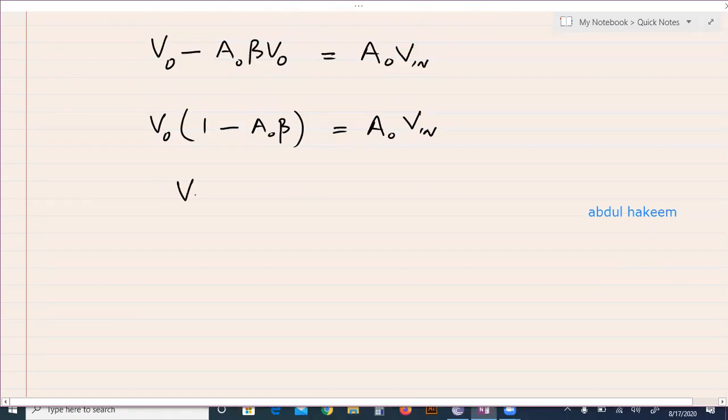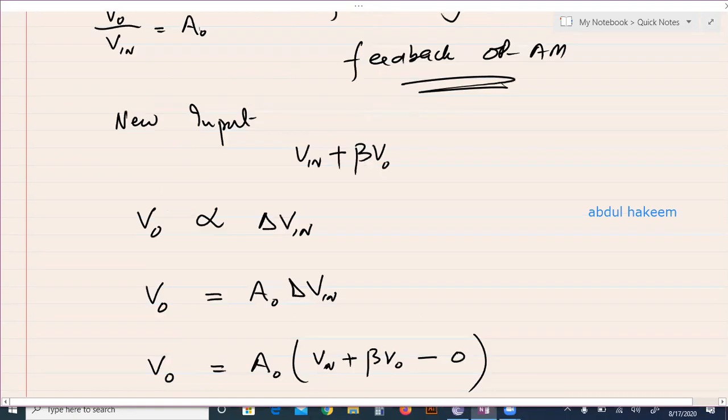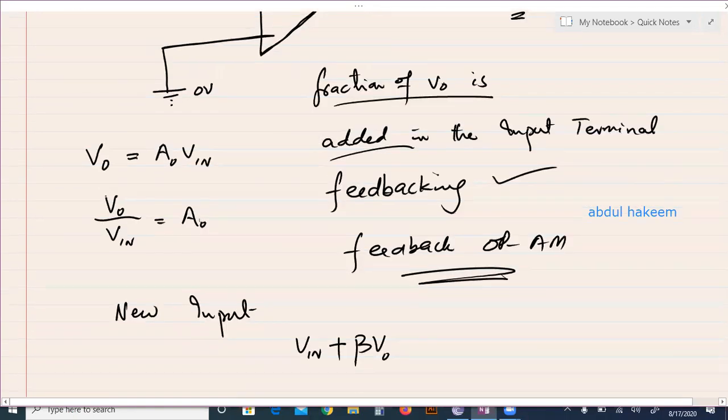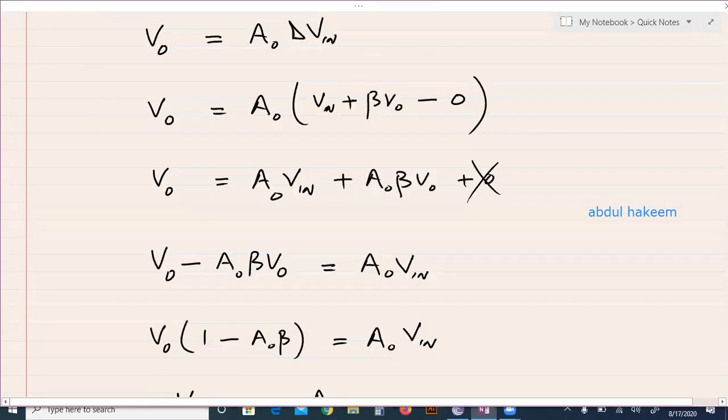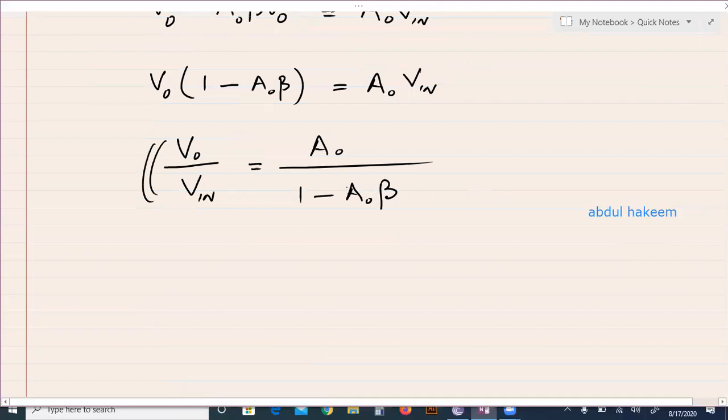And then we can write output over input voltage is A naught divided by 1 minus A naught beta. So look, when there is no feedback, this output over input, which is called gain, is simply A naught. But after feedbacking, the same fraction becomes more complicated. It's not A naught alone, it becomes A naught divided by 1 minus A naught beta.